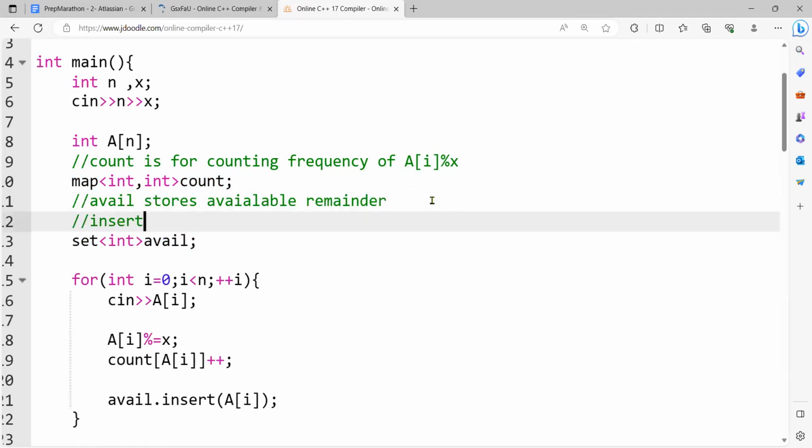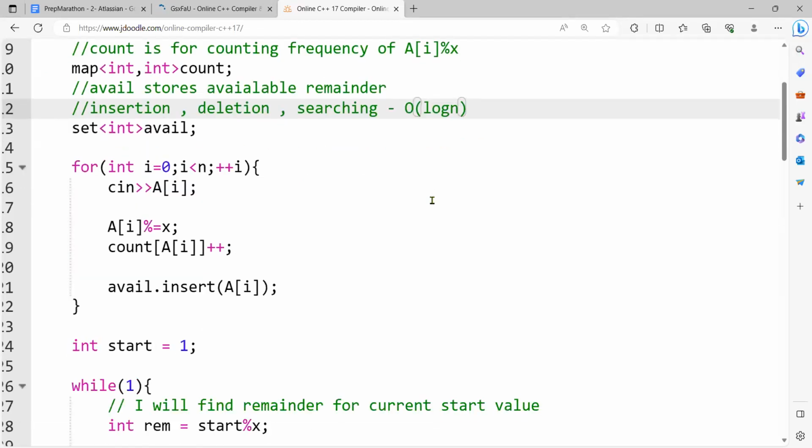Because in a set, insertion, deletion and searching operations are very quick. It takes O(log n) per query for all these operations. This is the standard way of using set and map for solving this kind of problem.